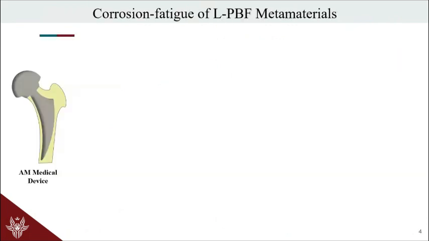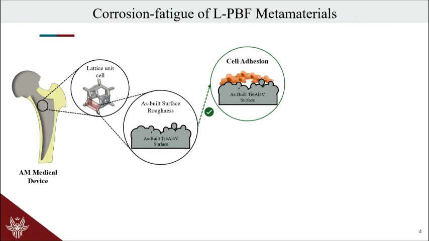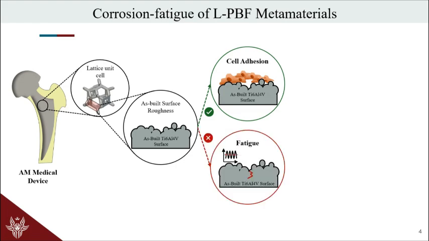For this reason, when we're dealing with AM devices, we need to account for this as-built enhanced surface roughness, and it's really hard to fully and properly remove it. Also because on one side, this is beneficial for osteointegrative processes and for cell adhesion and proliferation, despite on the other side, as we already said, it's pretty detrimental for fatigue.